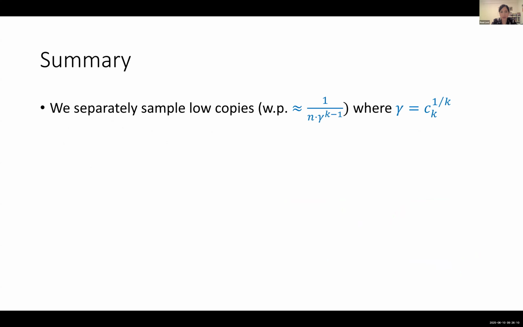So to summarize, what we did is to separately sample low copies, namely copies in which the degree of each of the vertices was bounded by gamma, where gamma equals the number of copies to the power of 1 over k. We sample such copies with probability which is roughly 1 over n times gamma to the power of k minus 1, and mixed copies which we sampled with probability which is roughly 1 over m to the power of k over 2.